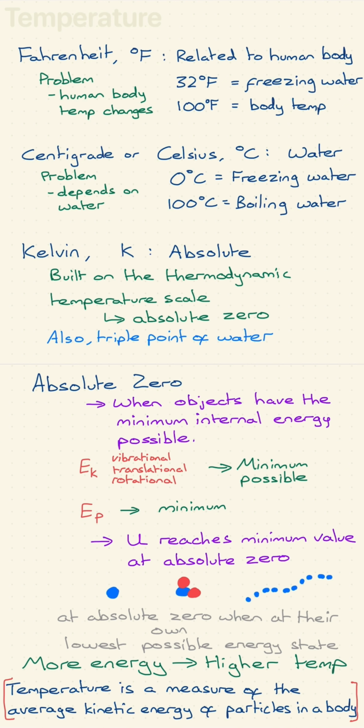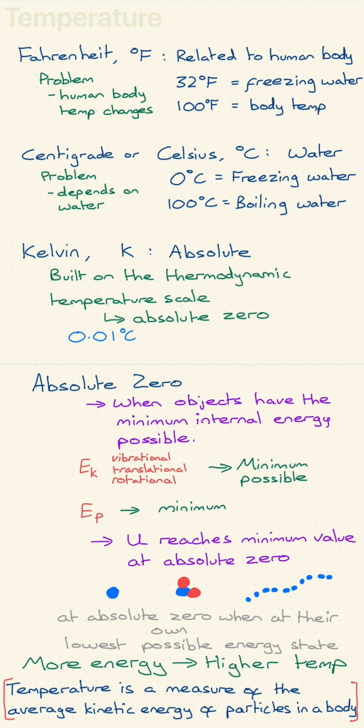The triple point of water is the temperature when all three phases of water are in equilibrium. So that means liquid, solid, and gas are all present at the same time. This happens at 0.01 degrees Celsius, so that is the upper fixed point.